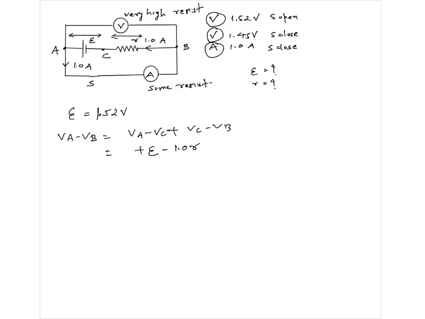Normally speaking, when a battery is used like this, the voltage across the battery is E minus Ir. That's a very quick way to get it. E is 1.52, minus I into small r, and VA minus VB is 1.45.